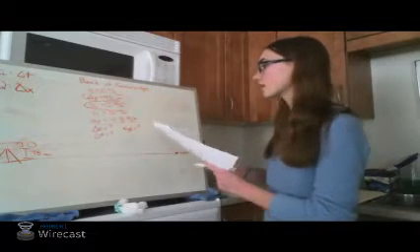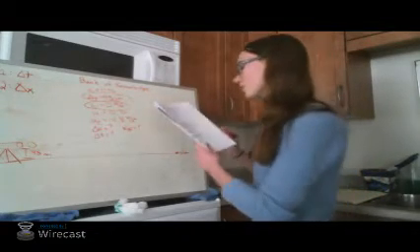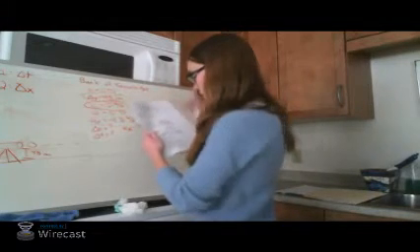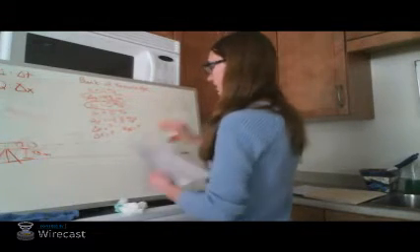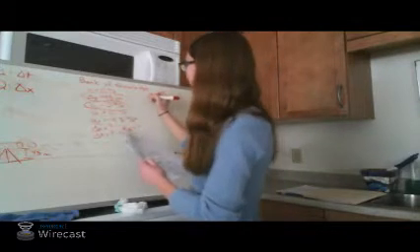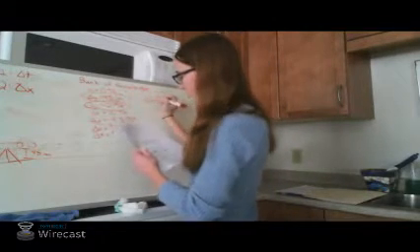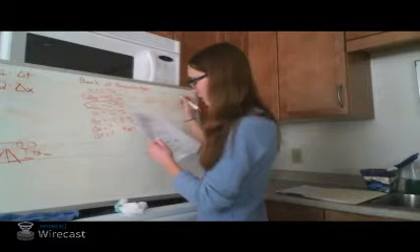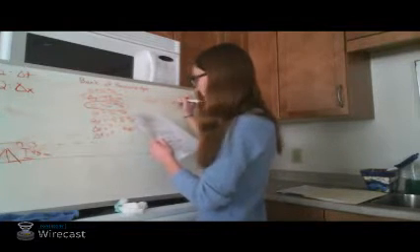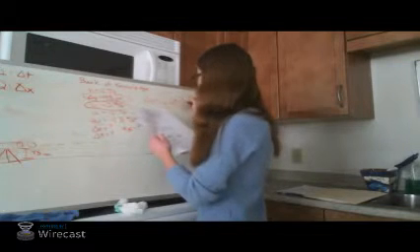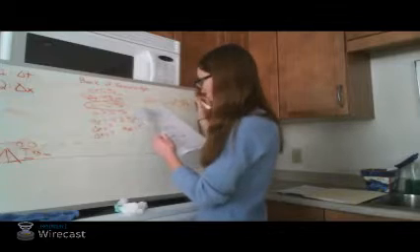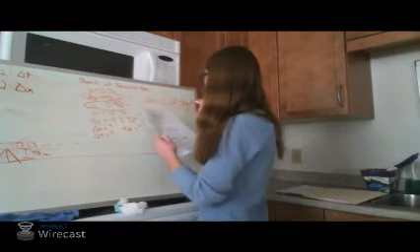So let's use our handy-dandy equations. We have to look for the one that doesn't have final velocity, which is this one. Delta y is equivalent to initial vertical velocity times delta t plus 1/2 acceleration in the y direction times delta t squared.